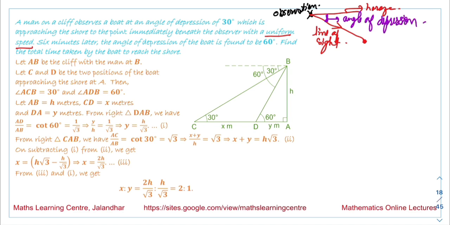Now in this question we are standing at this point B and we are observing the boat that is moving, and the angle of depression is observed to be 30 degree. Standing at this point B, first of all I have to draw the horizontal line.